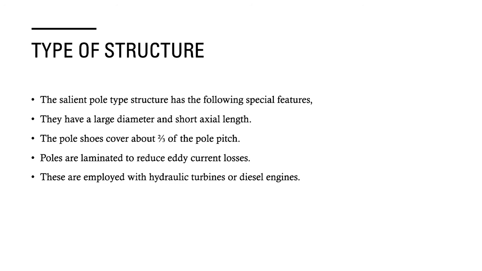They are employed with hydraulic turbines or diesel engines. Mainly these salient pole type structures are used in hydraulic turbines to generate electricity, or in diesel engines such as in cars. New electrical cars are coming for short distances.